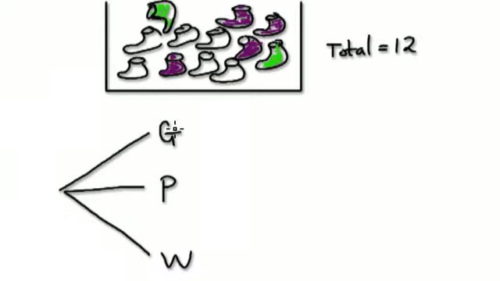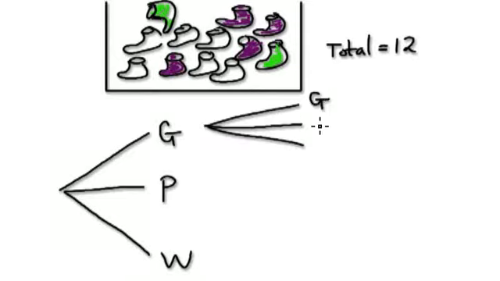Okay, now let's say we just selected a green one. On our second pick, we could get a green, a purple, or a white.